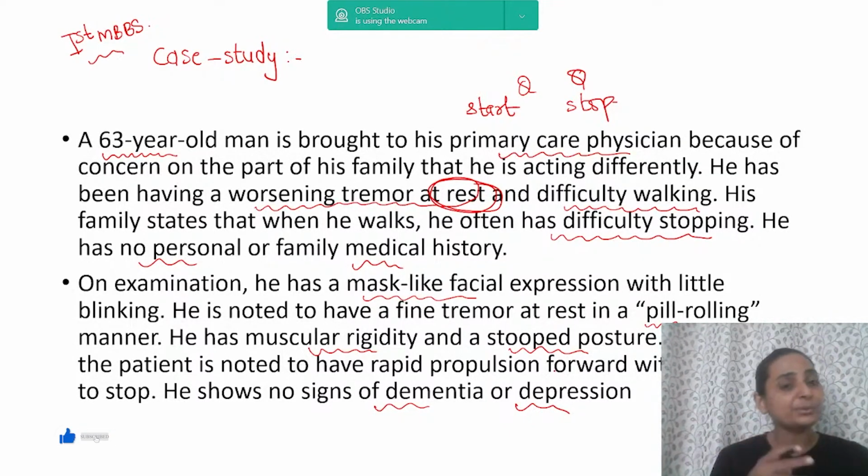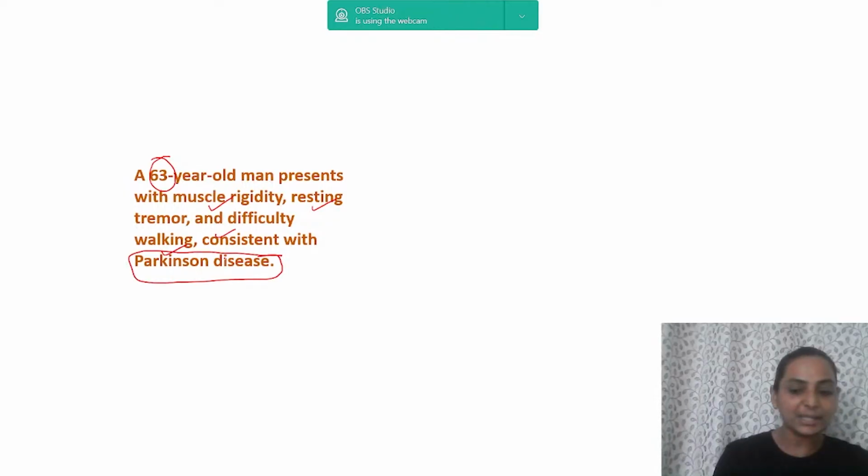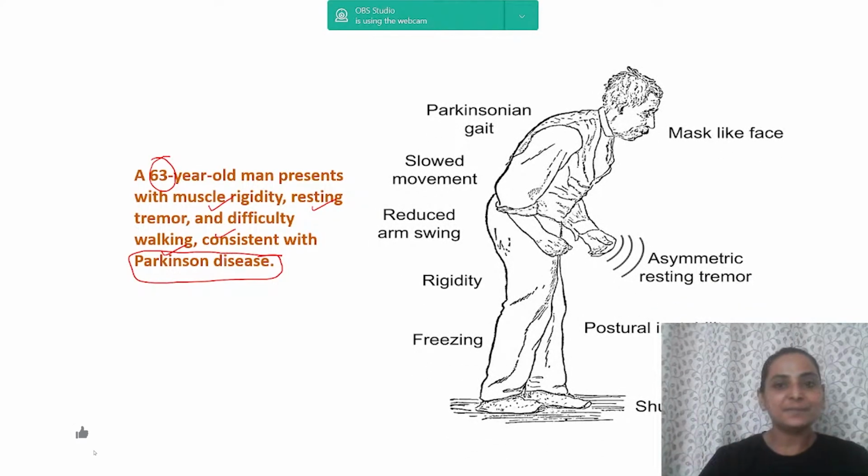But for those studying for the first time in MBBS, you should know that this 63-year-old man presenting with muscle rigidity, resting tremor, and difficulty in walking is consistent with Parkinson's disease. So here you get this old man having the typical symptoms of Parkinson's disease.